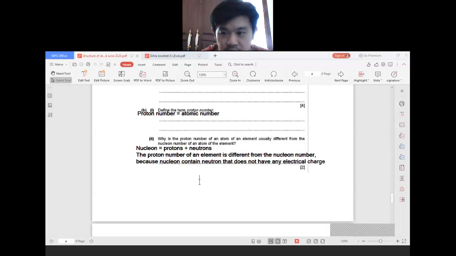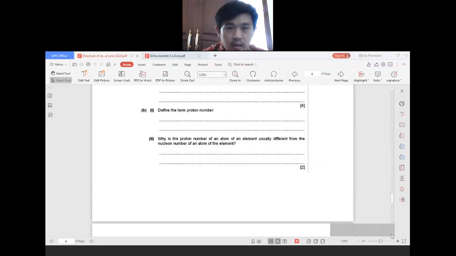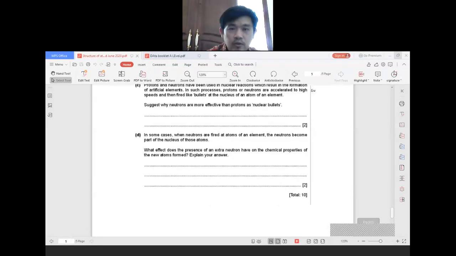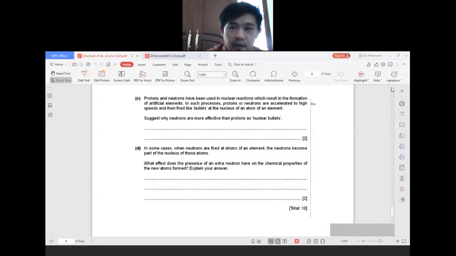Okay, and then the last page, proton and neutrons have been used in nuclear reactions which result in the formation of artificial elements. In such process, proton and neutrons are accelerated at high speed and then fired like bullets at the nucleus of an atom of an element. Suggest why neutrons are more effective than protons as nuclear bullets.